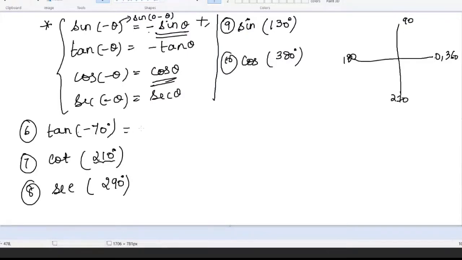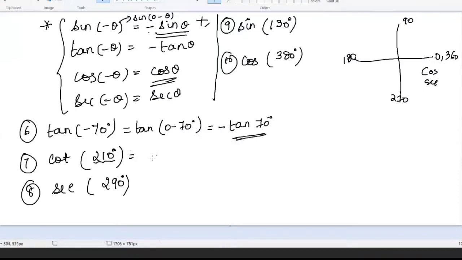When I have a negative, I feel that it is in the fourth quadrant. So tan of 0 minus 70. In the fourth quadrant cos and secant are positive, tan is negative, so I am writing the sign minus. Then 0 lies on the sleeping line, no change to cofunction. So write tan and then 70 degrees. So this is your answer.